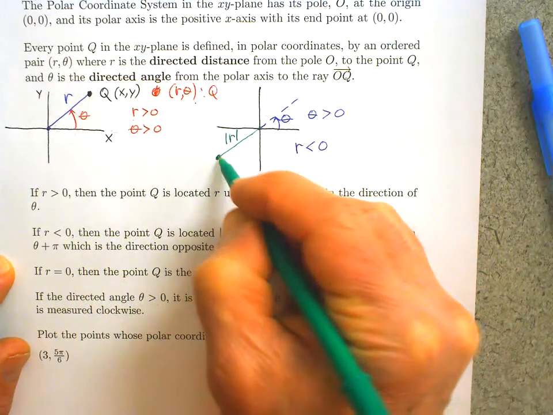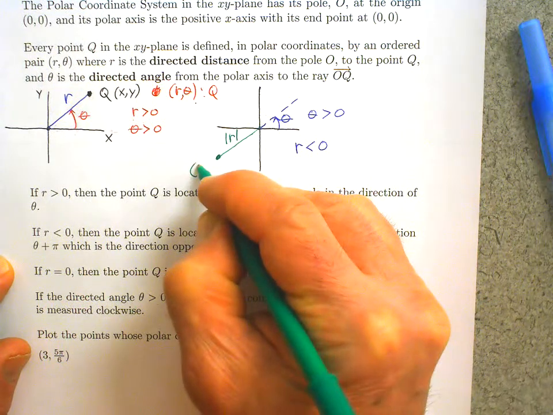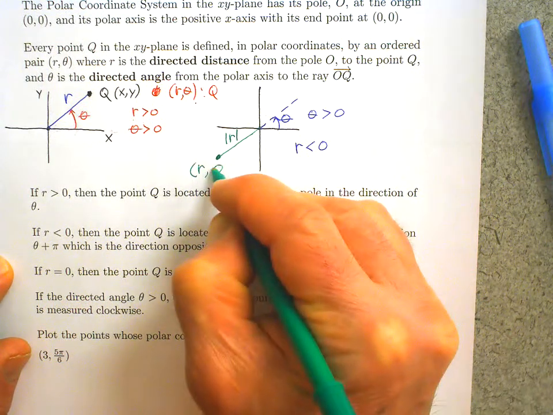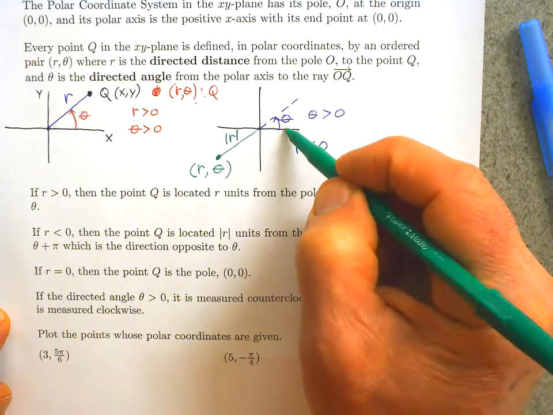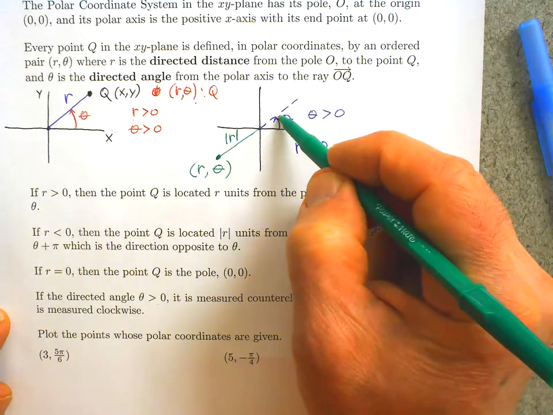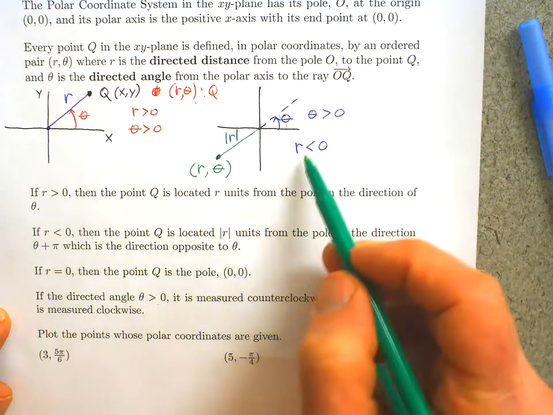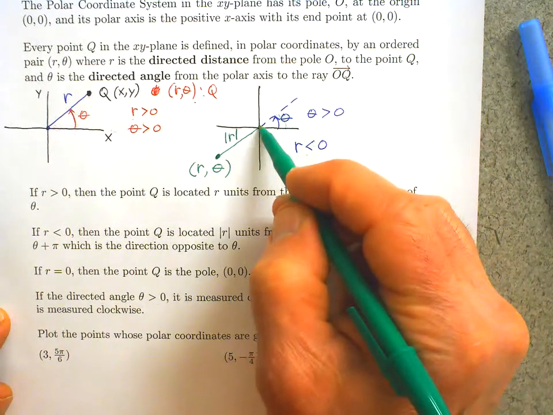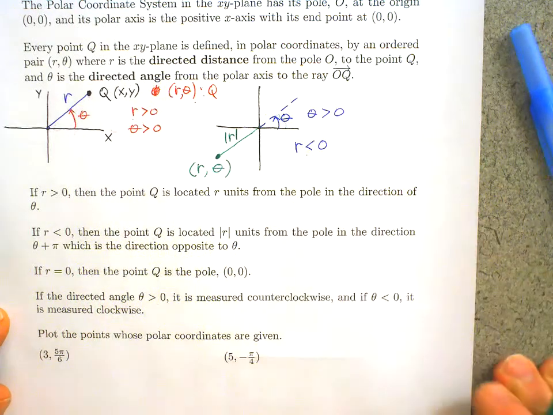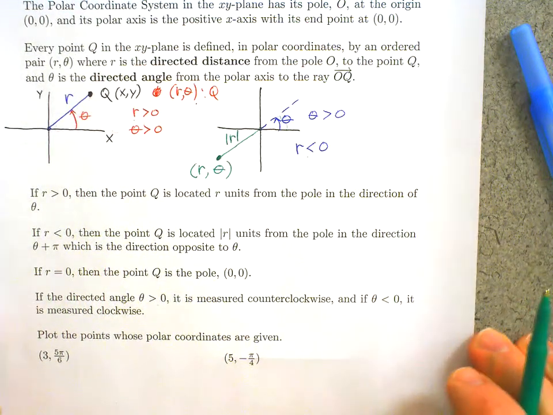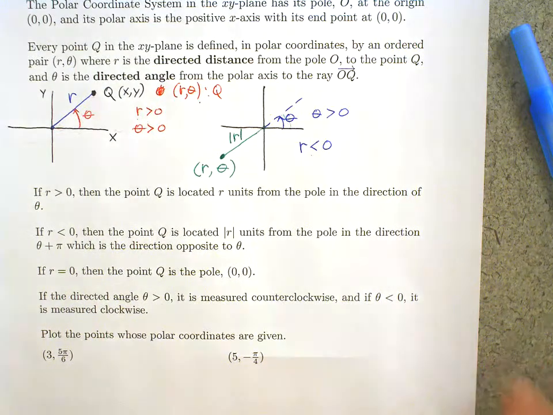And so this point is represented by r, theta, where theta is marked off in the first quadrant in this picture, but if r is negative, then the point in the plane is in the opposite direction. So we'll see some examples of that in just a couple of minutes.